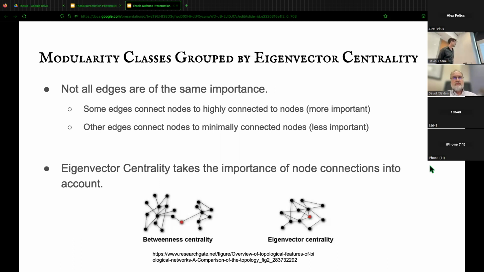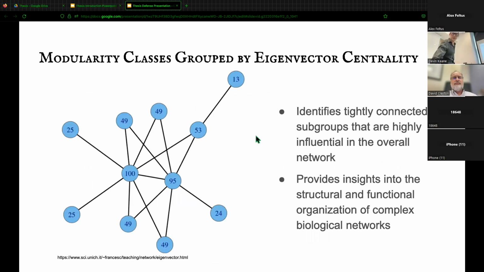Well, eigenvector centrality is a way of measuring the centrality of a node while taking that into consideration, which gives us a measurement of a little different scope, looking at how tightly connected subgroups in a network are. So by clustering these nodes together, we can identify tightly clustered nodes, which you might later run gene enrichment analysis on or further explore in other ways.